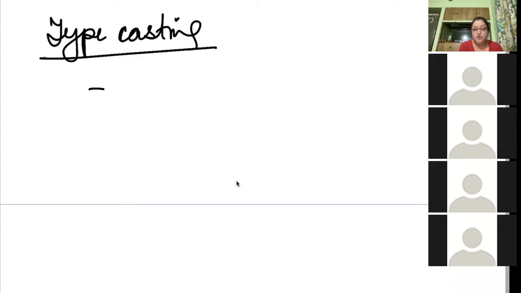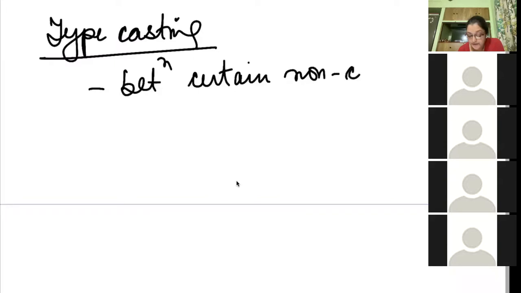So not all non-compatible types can be typecasted. So typecasting means conversion between certain non-compatible data types.